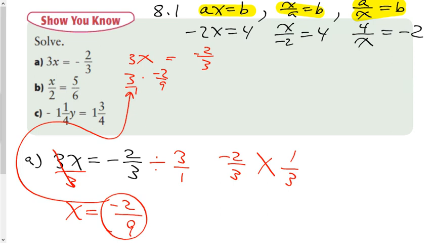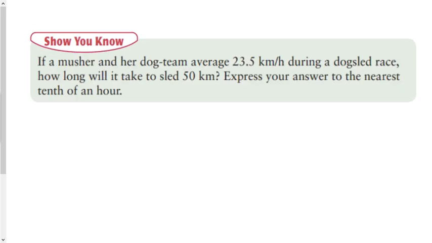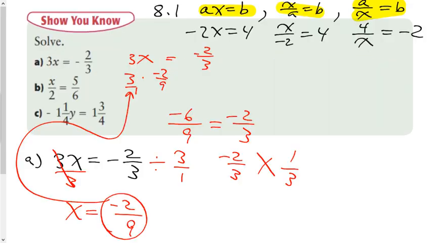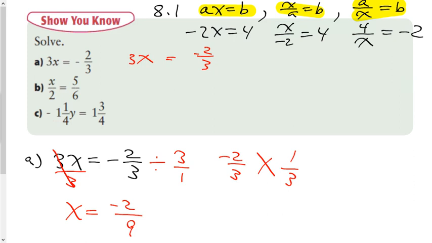I'm going to double check my solution. Multiply my numerator, so 3 times negative 2 is negative 6. 1 times 9 is 9. In lowest terms, negative 6/9 reduces down to negative 2/3. So therefore, I've checked my solution, and negative 2/9 is the correct answer.